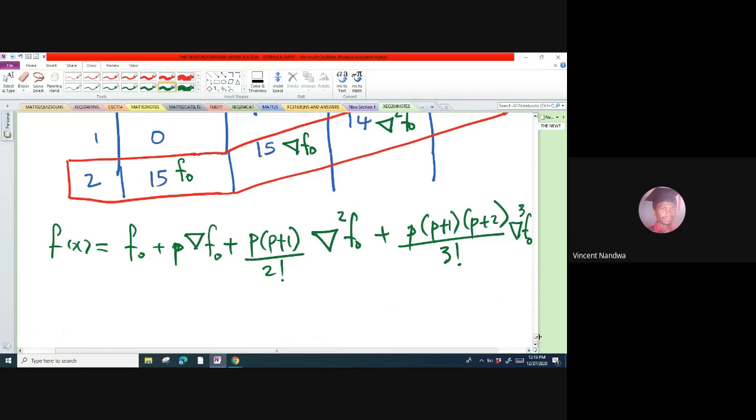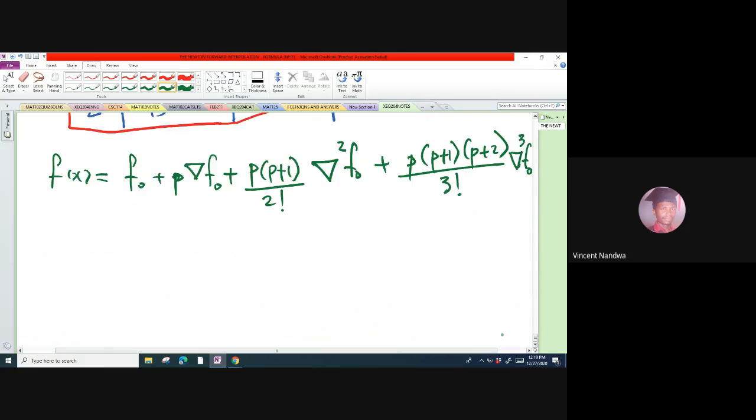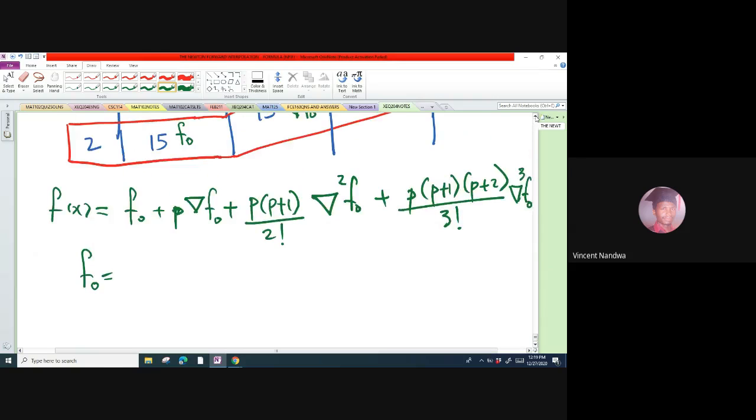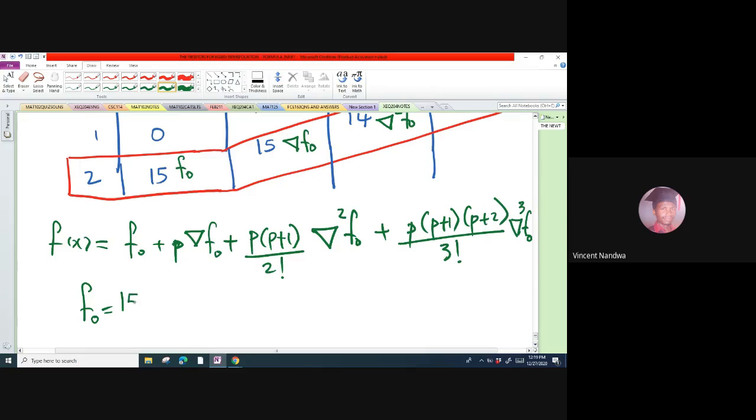We don't have to write the fourth backward because the values we have don't define the fourth difference. So the formula just stops at this point here. Let's identify our F naught. From our table, our F naught is 15.